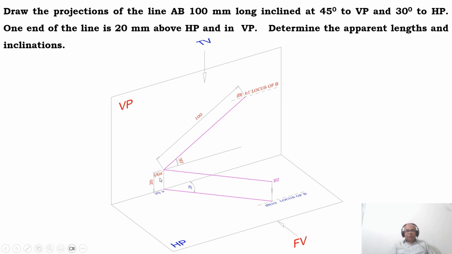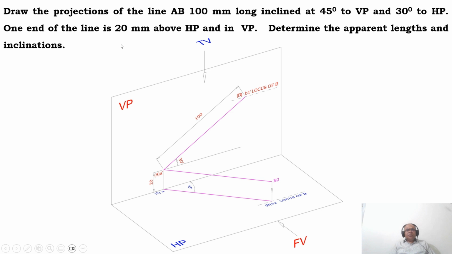So with A dash as center, you draw a line inclined at 30 degrees to HP, where you can see the angle in VP. That is why you get a line of 100 mm long, inclined at 30 degrees to HP, in the vertical plane.